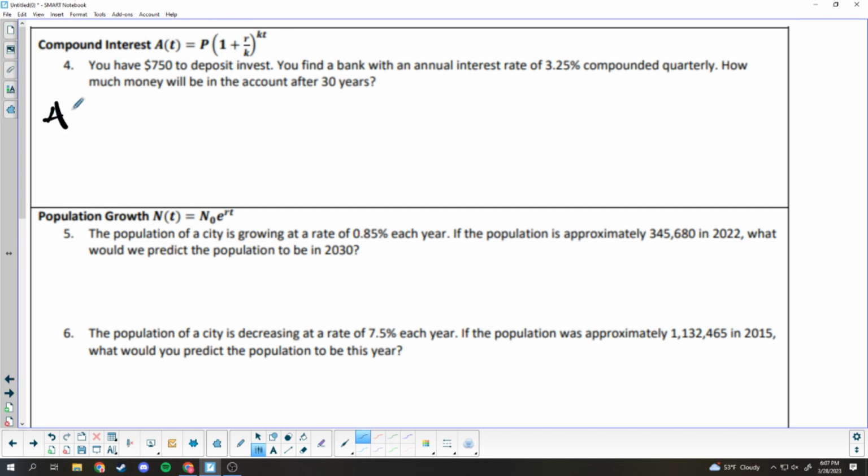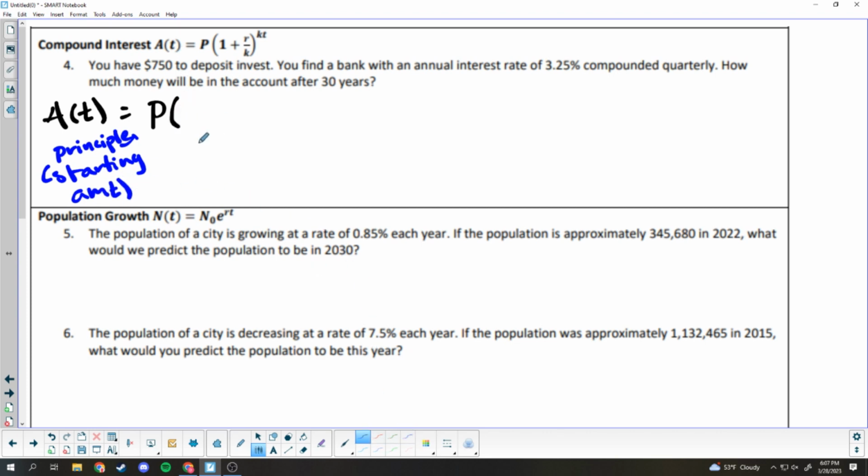Okay, so we have A of t again, which is our amount, equals P. In this case, P stands for principal, which it also kind of does in the half-life equation, but really that just also means starting amount. Okay.